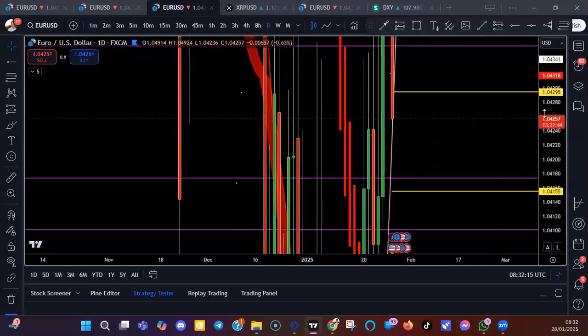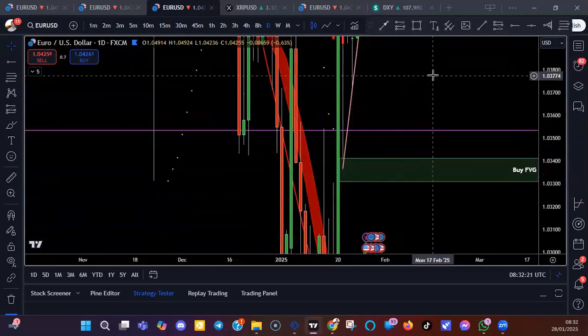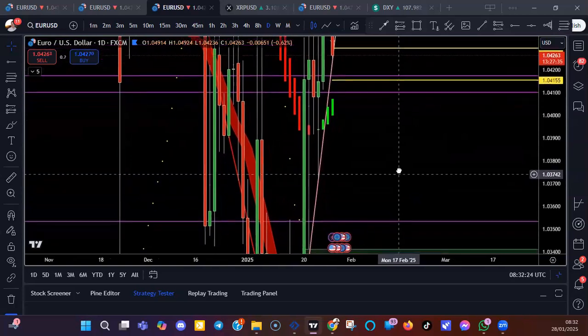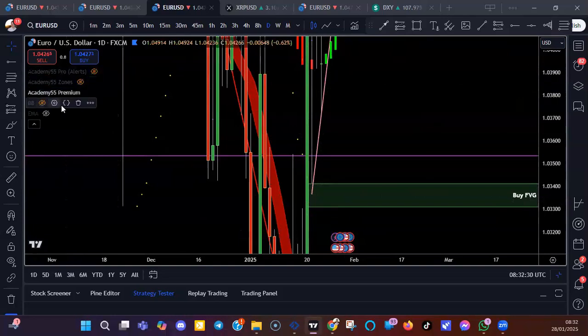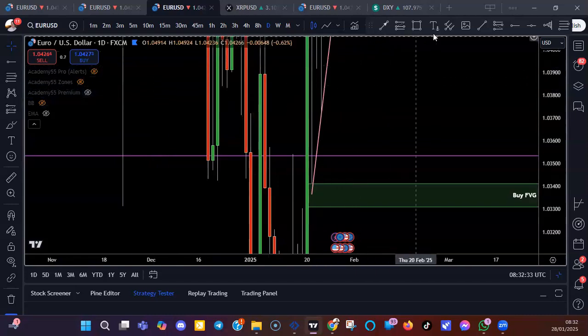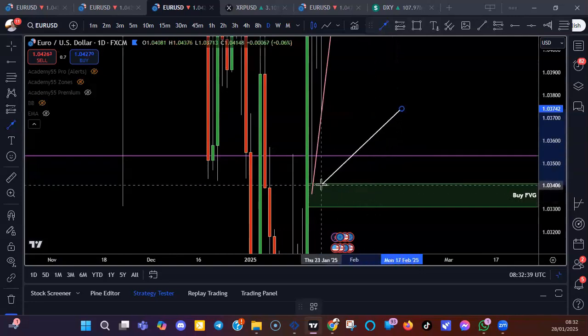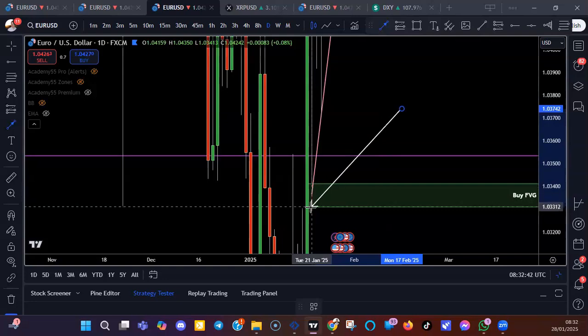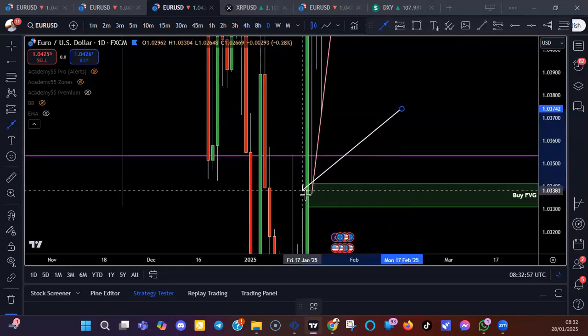Again, if I go on the daily, we have got an area down here a long way away that needs to be filled on the daily time frame. All this area here, if I take this indicator off, get my pointy tool, it's a long way away, but this area here, there's been all buying power on this side of the candle and all buying power on this side of the candle.